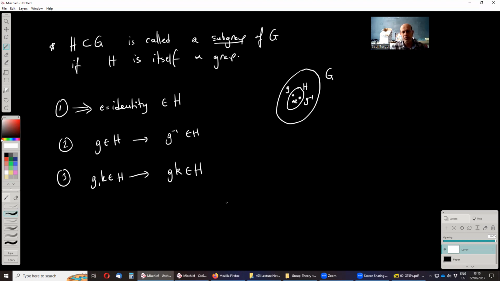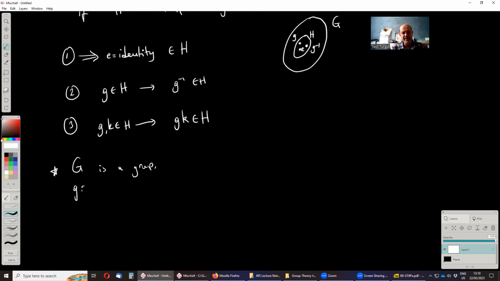Mathematicians usually express this in a simpler way. They can write all three conditions as a single condition, but I'm not going to talk about that. So let's say G is a group, g is an element of the group, and n is the order of that element.